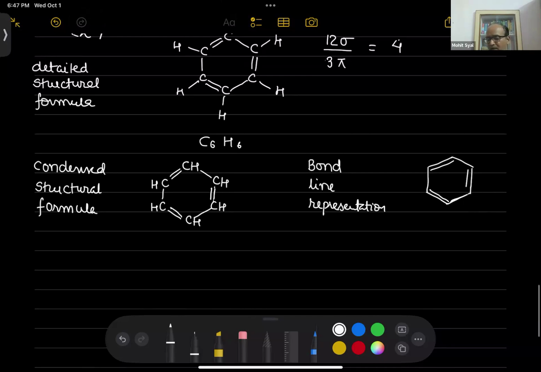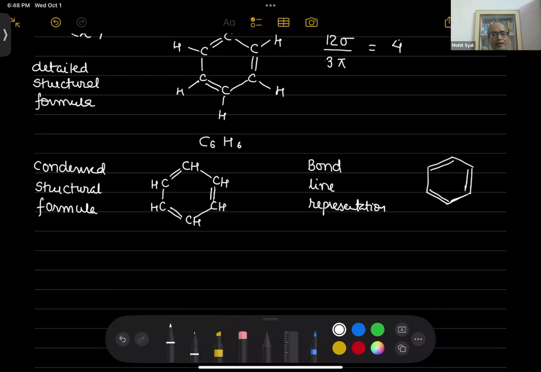Keep in mind that carbon is tetravalent. The carbon-carbon bonds will be shown by lines, and where the lines meet that represents a carbon atom. The symbol C is not mentioned. Hydrogen bonds will not be shown, neither will the symbol for the hydrogen atoms. Got it? This is known as bond line representation, or polygon formula, or zigzag notation.